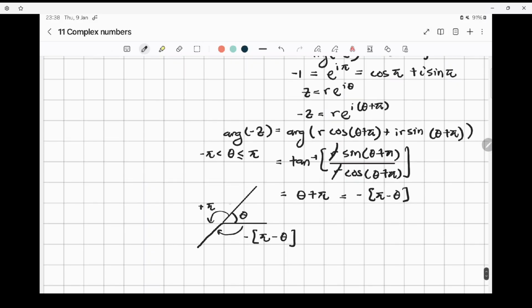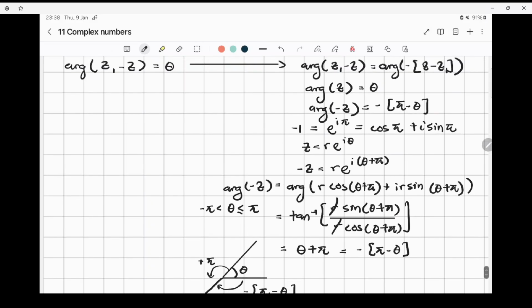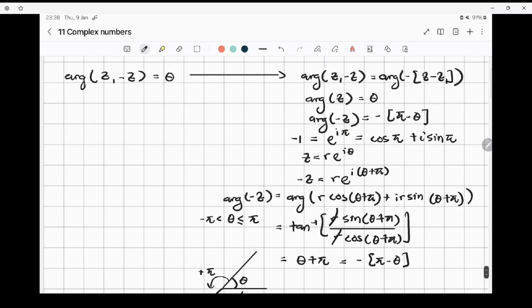Geometrically speaking, you can see that whenever you have this kind of operation, you can rewrite this into z minus z1, and you transform using this equation. So the argument of z minus z1 would be minus pi minus theta.